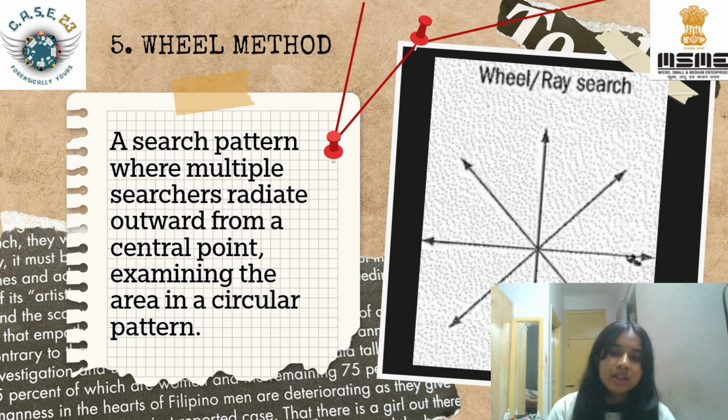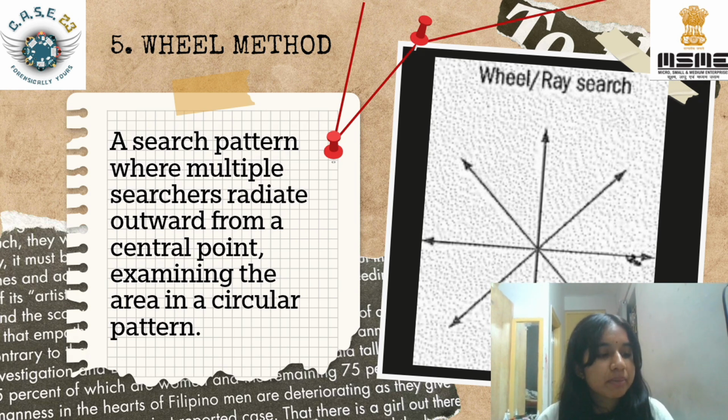Basically, there are 8 investigating officers standing on the circumference of a circle, and they will be moving inward, investigating their particular area. They will be coming to a particular point in the center, which will be their meeting point again.